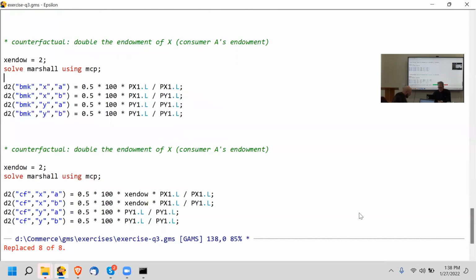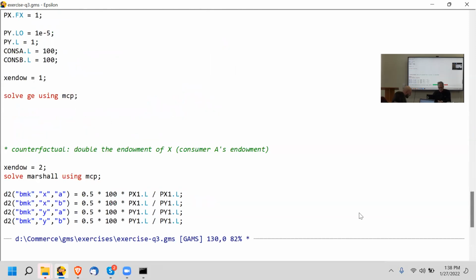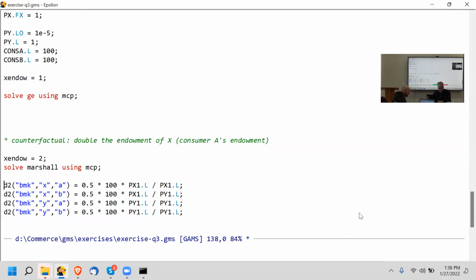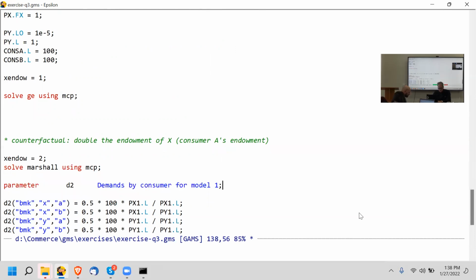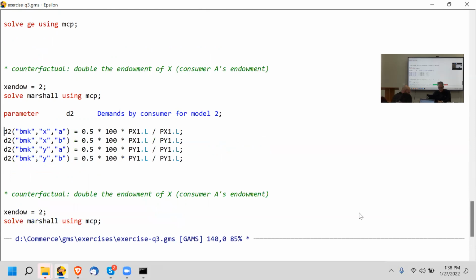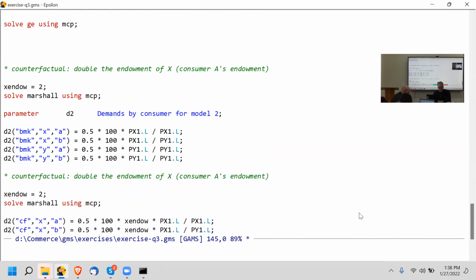And so that's going to be the solution in model 2. There's the command there. Solve, oh, and this is not going to be Marshall. It's going to be solve GE.